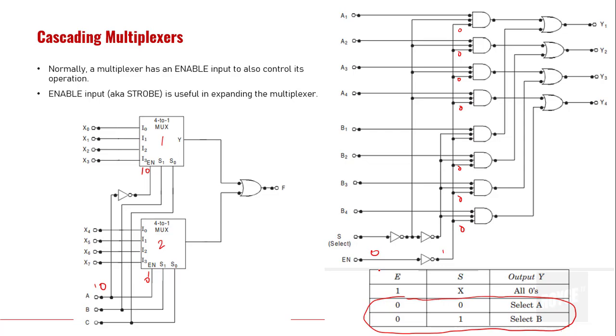Medyo iba lang yung pagkaka-design niya. Kasi, if S, take note, the selector line here is 1 lang. Diba, naka-common siya sa lahat, no? Tama? So, if S here is 0, ang lalabas ay lahat ng A. Pagka 1 naman, ang lalabas lahat ng B. Kasi, unlike here, you can see here, isa lang yung output natin.